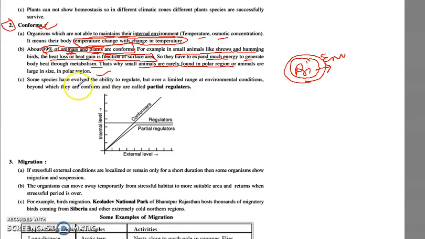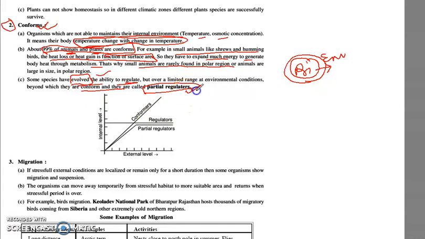It has been found that some species in polar regions, or in tropical and temperate regions, have evolved the ability to regulate. They are partially regulators. Means they cannot 100% maintain the body temperature. They maintain the body temperature for some time, beyond which they conform, and these are called what?